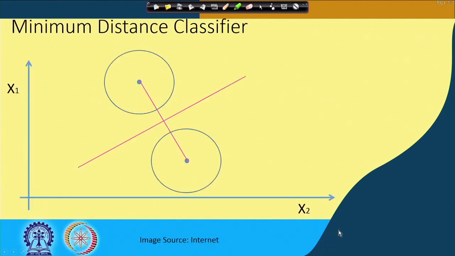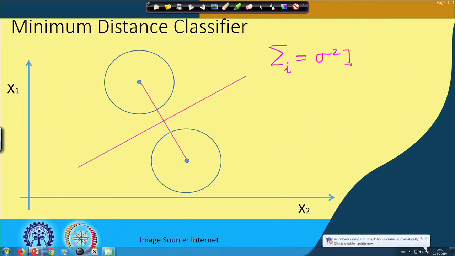Before going to that, you find that in the previous few lectures, when we talked about the discriminant function which leads to the decision boundary between two different classes, there was a particular case where the covariance matrix of all the different classes is of the form sigma square I. That means the different components of the vectors were statistically independent and all the components have the same variance, sigma square.